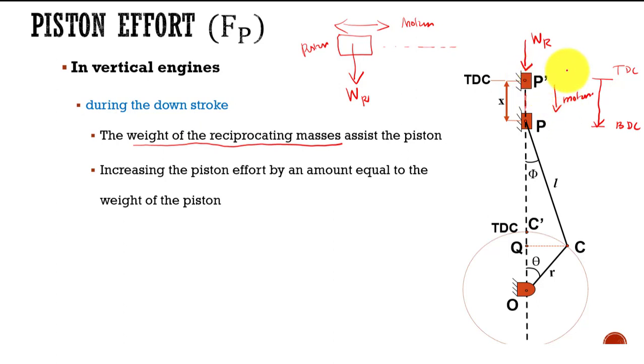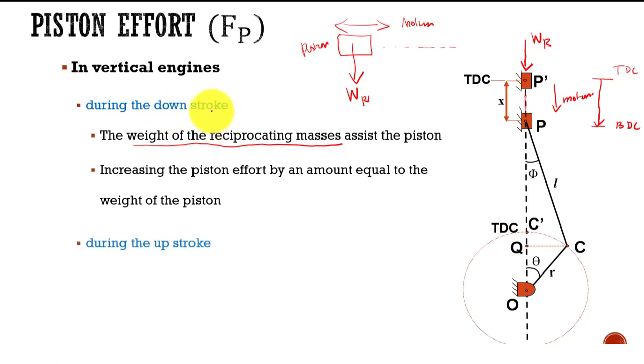So it increases the piston effort by an amount equal to the weight of the piston, when it moves from TDC to BDC during the downstroke.